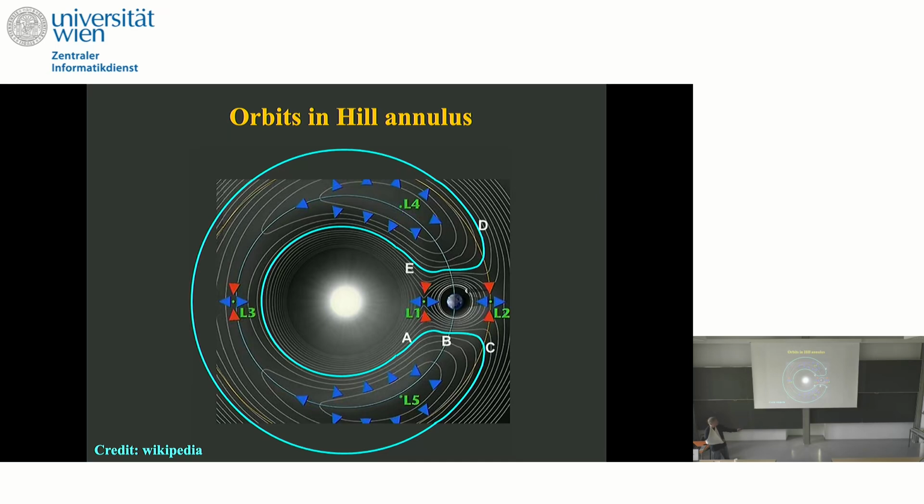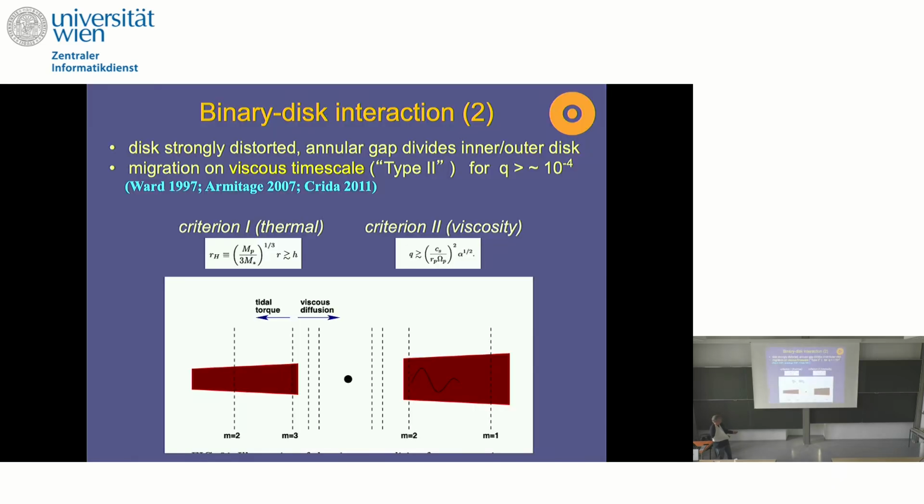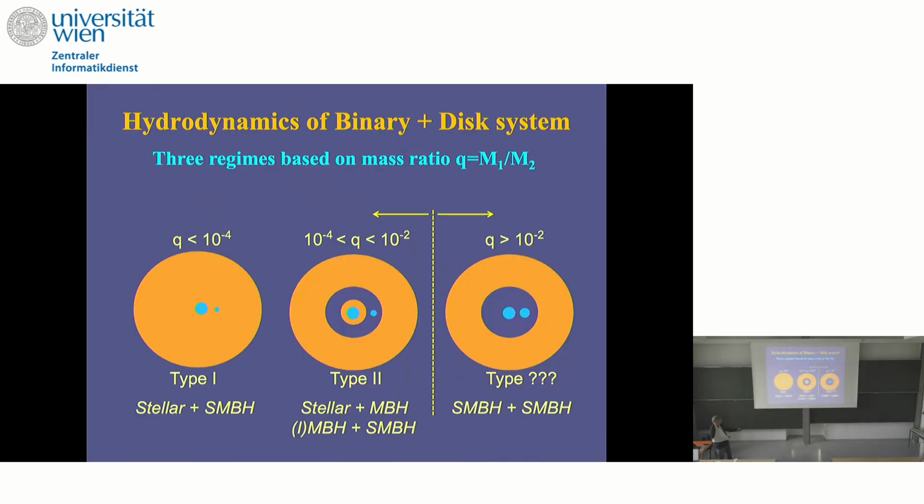If nothing happens, if there's no viscosity, it will just vibrate like that. There are also Lagrange points, and gas can circulate around those points. This is a 30-second summary of dynamics around a two-body system. Okay, so in this next regime, which I call type 2 here, the perturber is more massive.